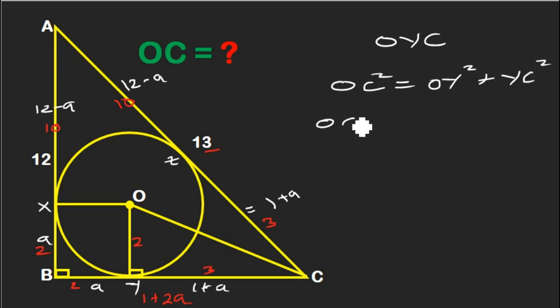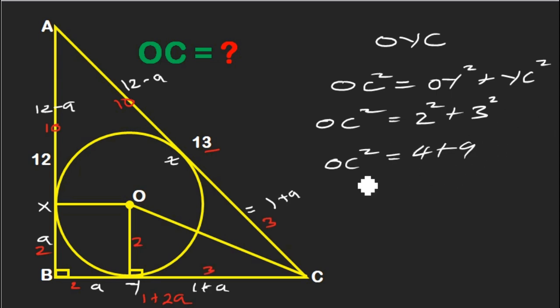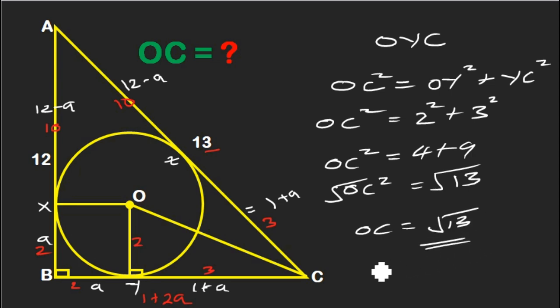If you substitute, OY we found is 2, so 2 squared, plus YC we found is 3, so plus 3 squared. So OC squared is 4 plus 9, which is 13. For you to get OC, you take the square root on both sides of the equation. So the length OC is root 13.